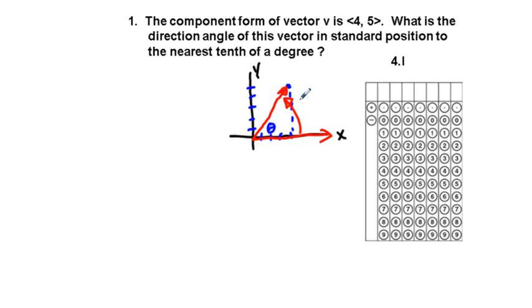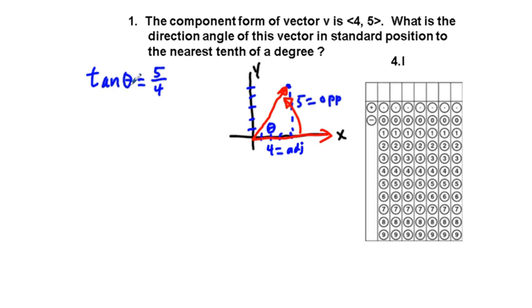On the right we have 5, the opposite side of that angle, and down below we have 4, the adjacent side of the angle. So we can say that tangent theta is equal to opposite over adjacent, or 5 over 4.